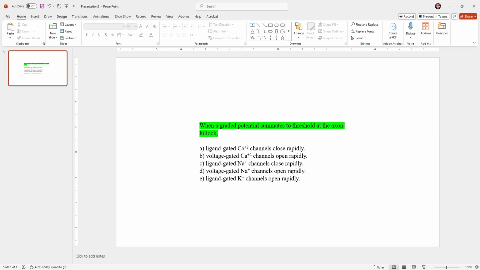And voltage gated calcium, you don't have that much calcium outside. You've got more sodium outside. So it's always a voltage gated sodium channel that opens. Voltage gated calcium channels open when you're in a muscle, when your action potential from the sarcolemma enters into the T tubule. That's where you have voltage gated calcium channels opening. Then calcium gets released inside the cell that goes and binds to troponin and tropomyosin.